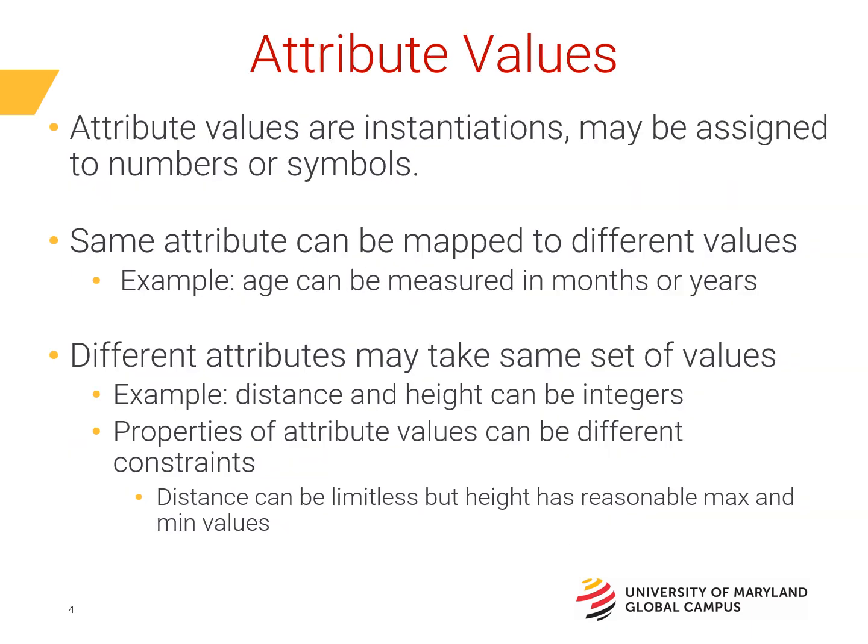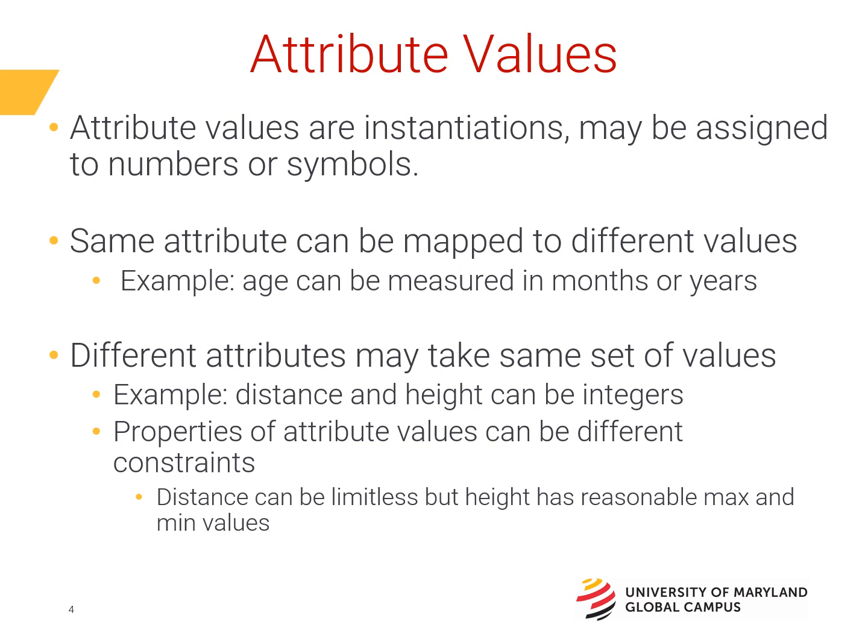Attribute values are instantiations of the attribute. Those are actual values for each individual object or record for that particular attribute. It could be assigned numbers, could be symbols, depending on the type of the attribute and the appropriate value assigned to that attribute.